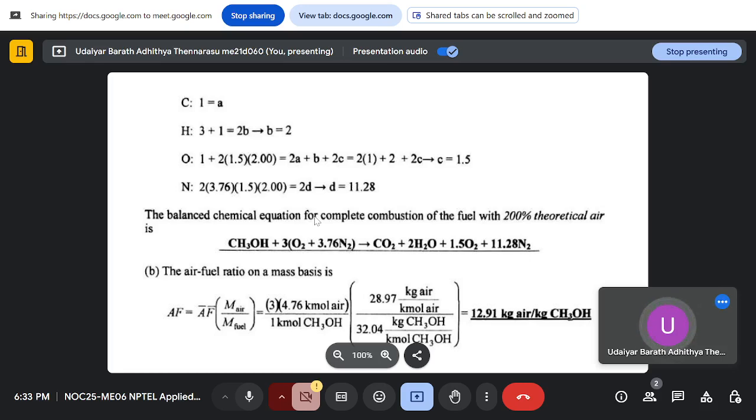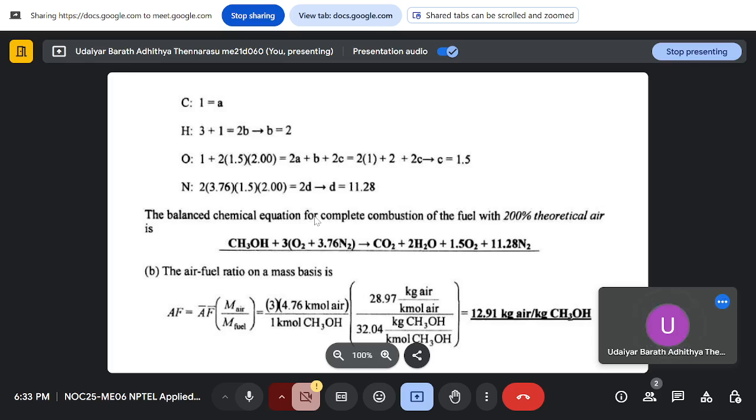So 3 into 4.76 is the molar air fuel ratio, into the molar mass of air divided by the molar mass of fuel. The molar mass of fuel you can find using 12 plus 4 into 1 plus oxygen 16. So 16 plus 12 is 28, plus 4 is 32.